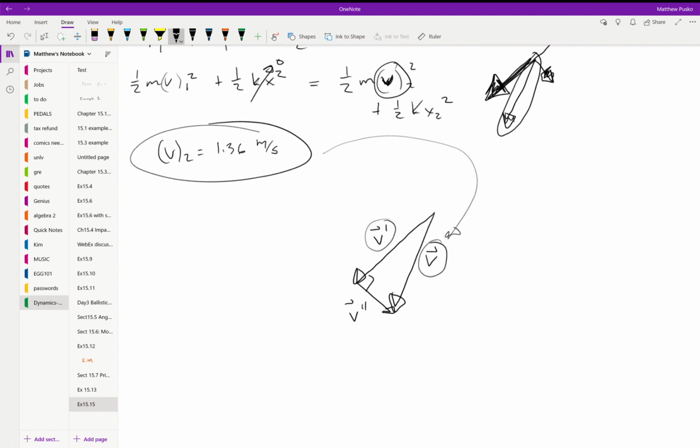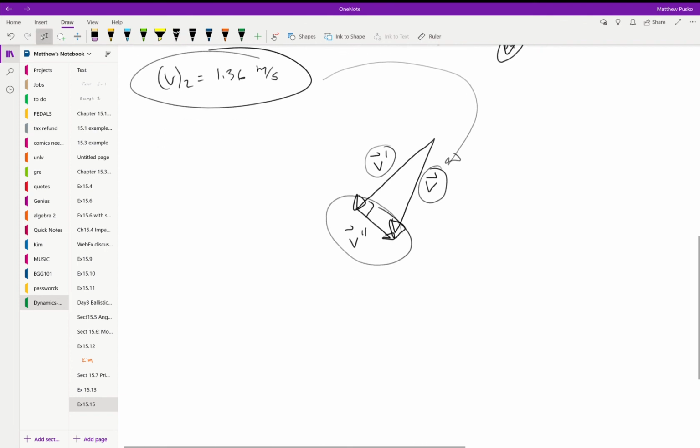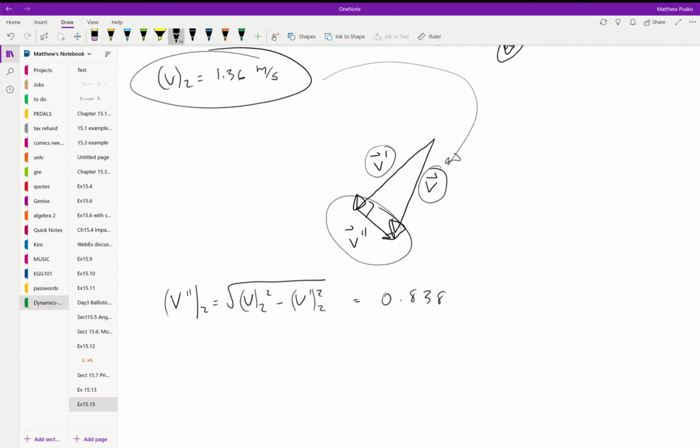All we've got to do is the Pythagorean theorem, and we can find the velocity at which the disk is extending in the radial direction, or at which it is being stretched, and that's what they asked for. So v double prime at 2 would be the square root of v at 2 squared minus v prime at 2 squared. Crank the numbers, and we get that it extends at 0.838 meters per second.